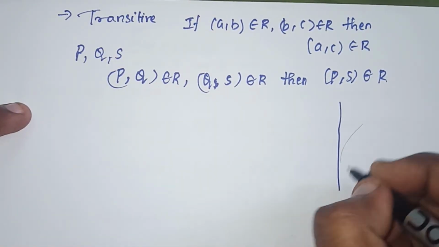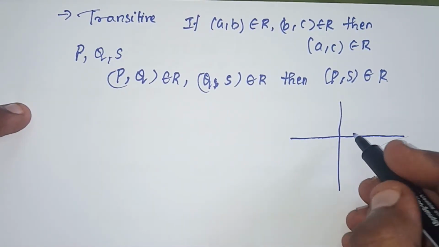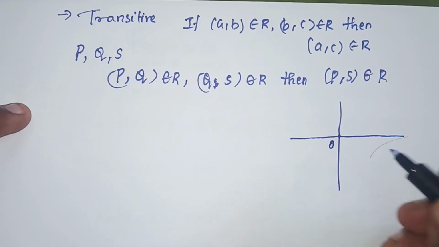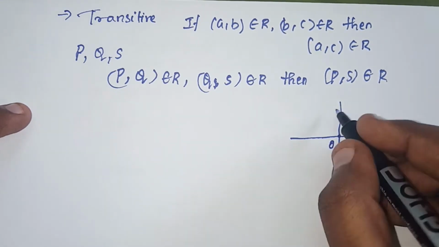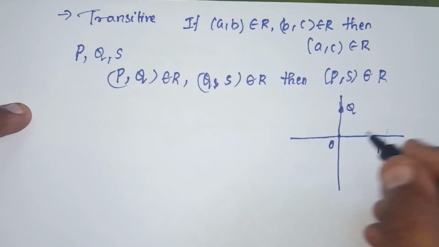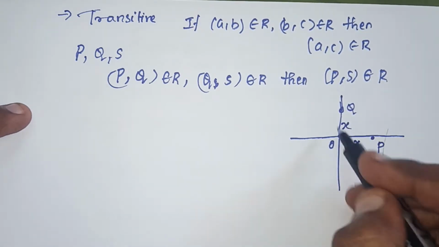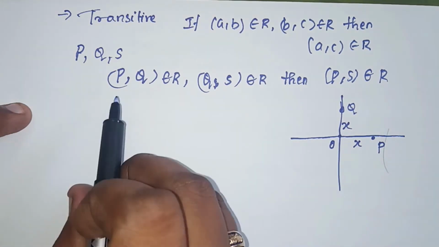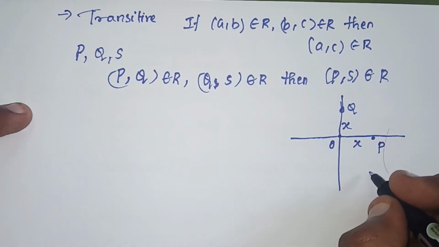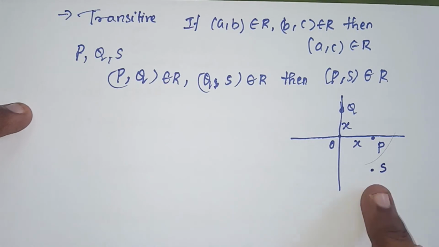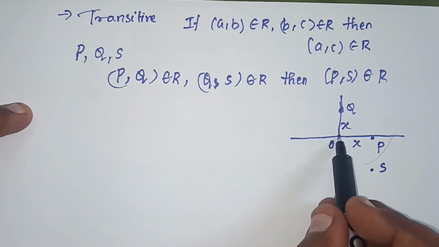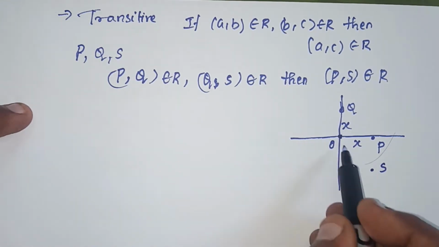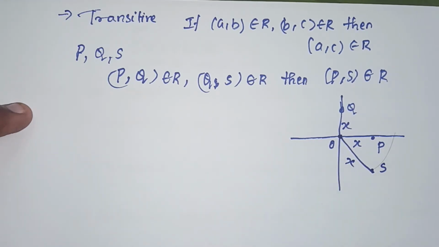We need to prove this property. In the plane, I have already taken the point O as origin. This is point P, this is point Q. It is the same distance because the given relation is OP equal to OQ. I am taking another point S. The distance from the origin to S is also x.